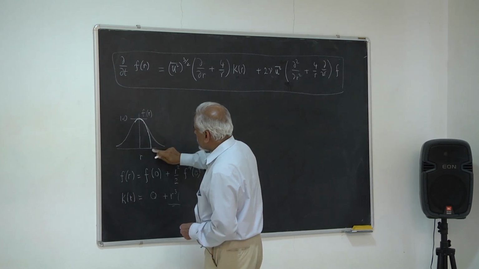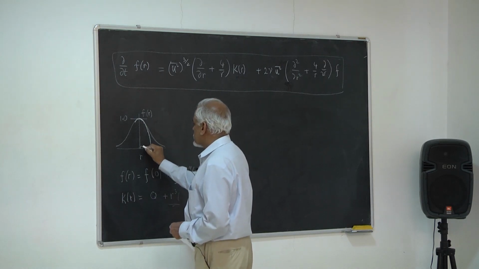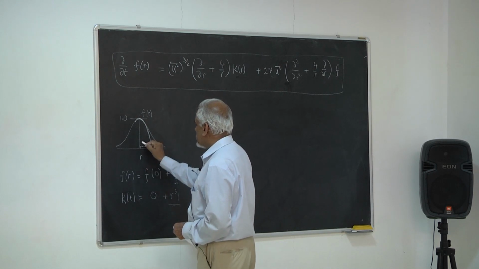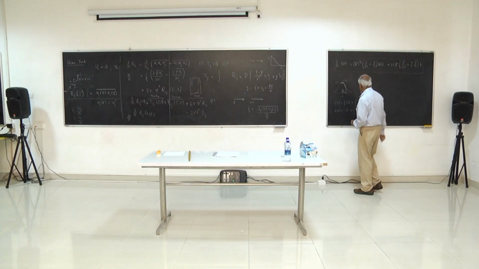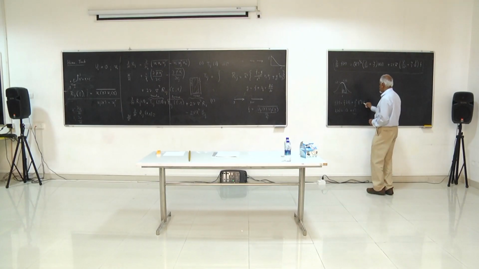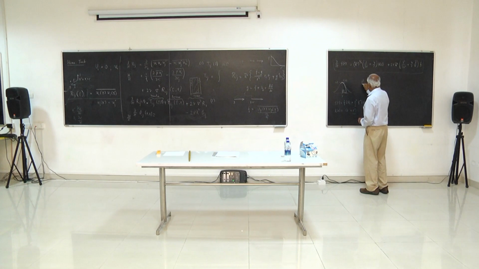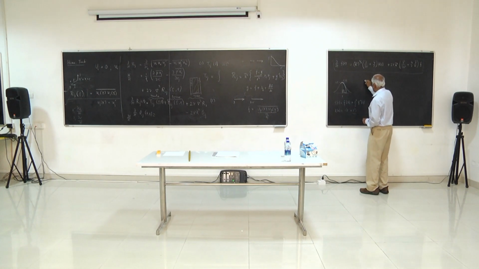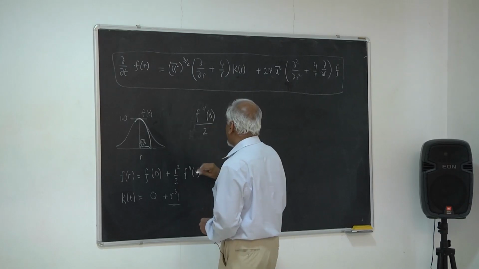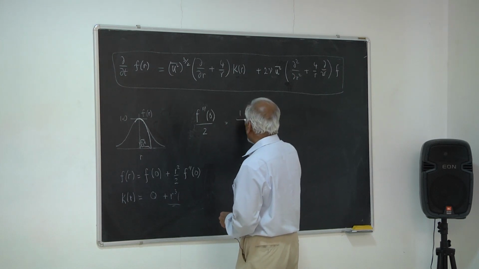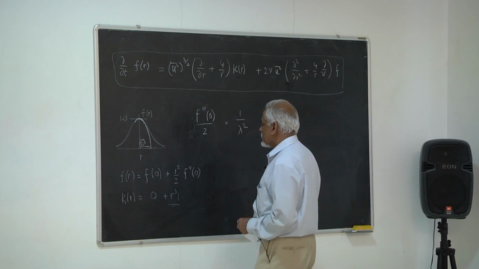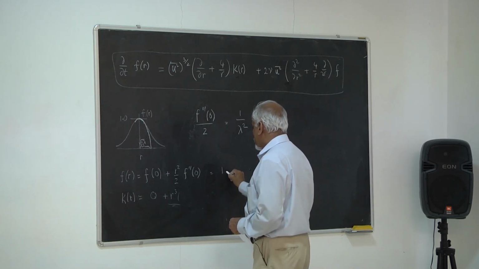So let's call this distance where the parabola hits as lambda, root 2 lambda it turns out, because I am going to say that r squared over 2, f double prime at 0, I want to put as 1 over lambda squared.